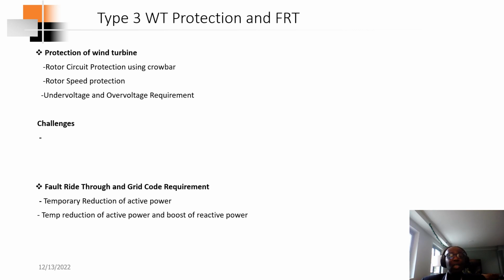So the speed of the rotor is sensed, and there's a crowbar. The crowbar can be either active or passive, which shorts the rotor winding and dissipates all the energy through a discharge resistor. That is how the rotor winding of the wind turbine is protected when there is a network fault.